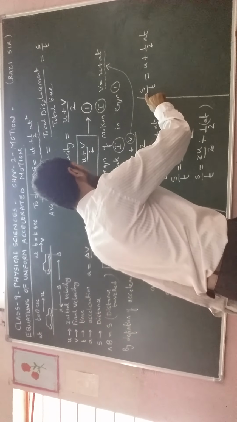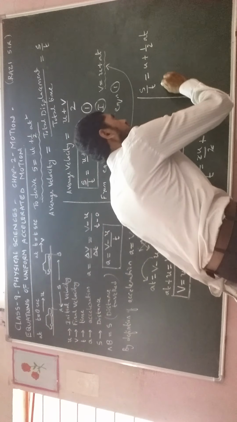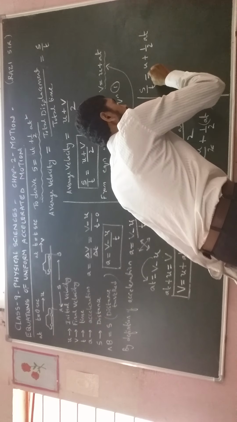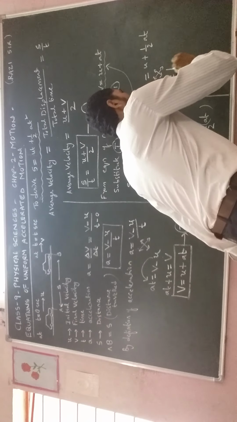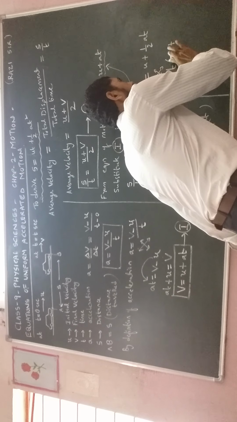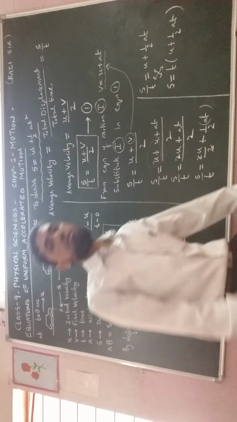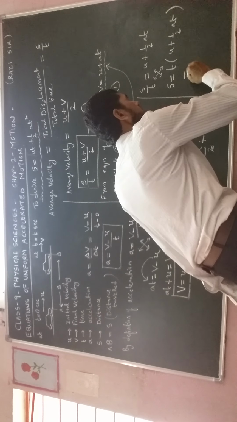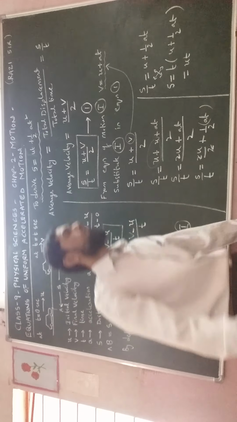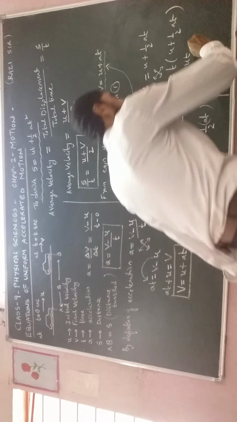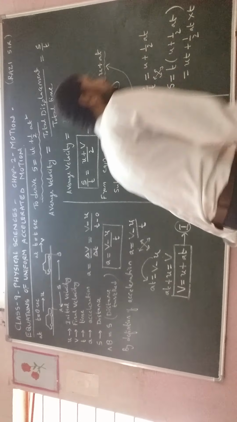Now we cross multiply. We want the S value for the second equation of motion. After the cross multiplication, we get S equal to t into u plus half at. So what is S? t into u is nothing but ut, plus half at multiplied again with t.